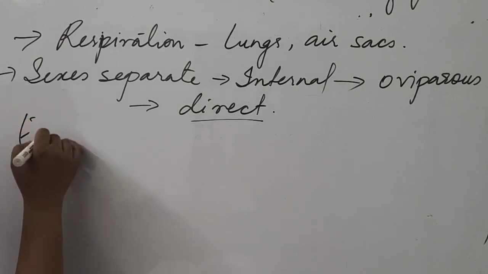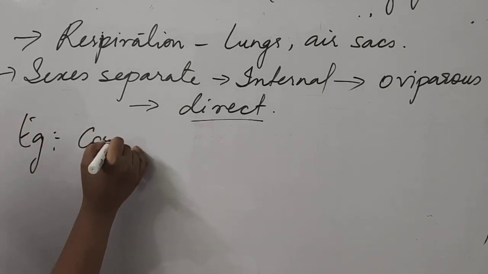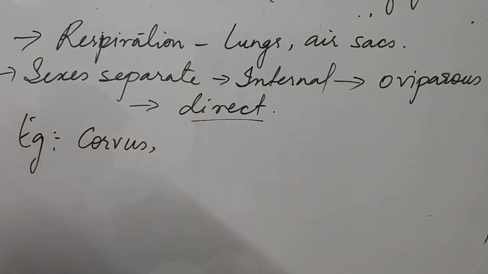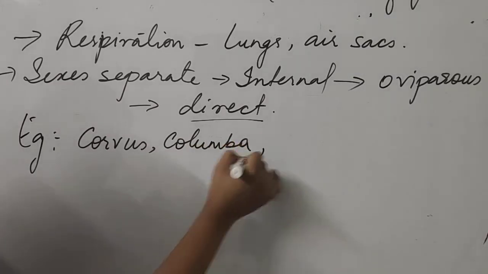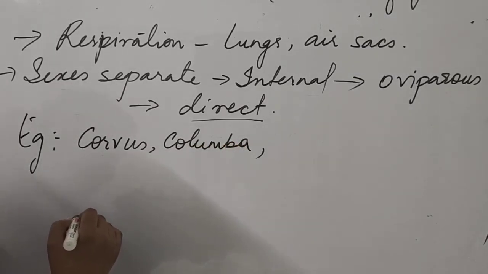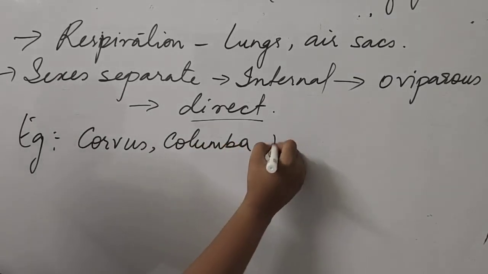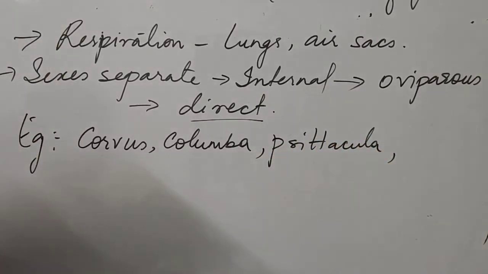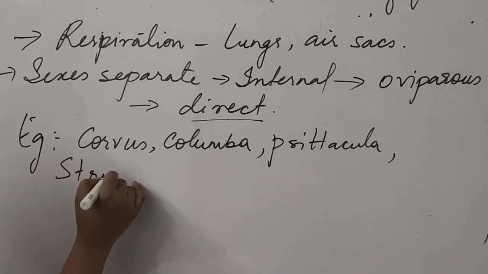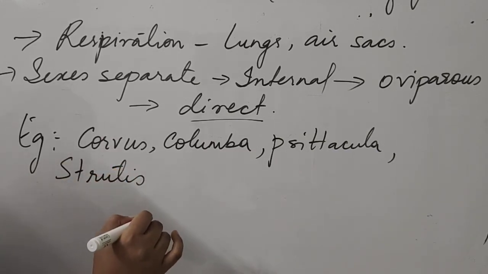So examples we will see: Corvus, crow. Columba is pigeon, and Psittacula is parrot, and Struthio is ostrich.